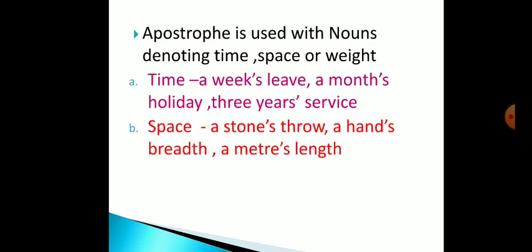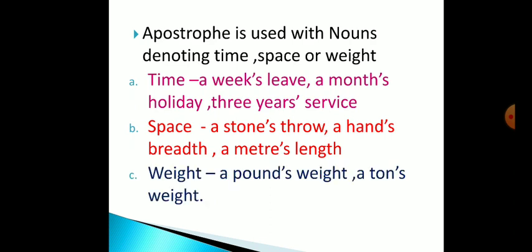Next, we are talking about space: a stone's throw, a hand's breadth, and a meter's length. When we are talking about space, then also we use apostrophe s in the sentence. When we are talking about weight, a pound's weight, a ton's weight.